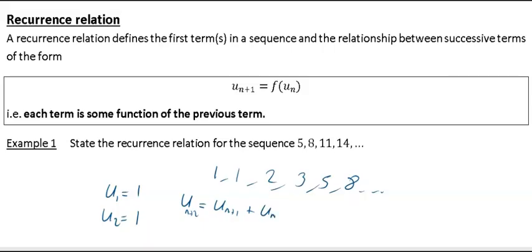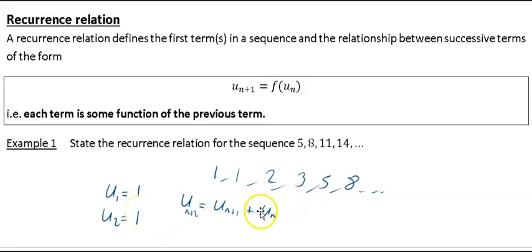So the term that I'm looking for, if it's un plus 2, then it's equal to un plus 1 plus un. It means exactly the same thing. I prefer the other way of writing it, but they're just as correct. The other thing is, if you change the starting point in the Fibonacci sequence, you would get a completely different thing. If these first two terms weren't 1 and 1, then this sequence would look completely different.